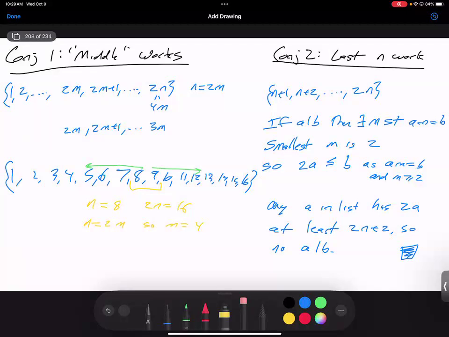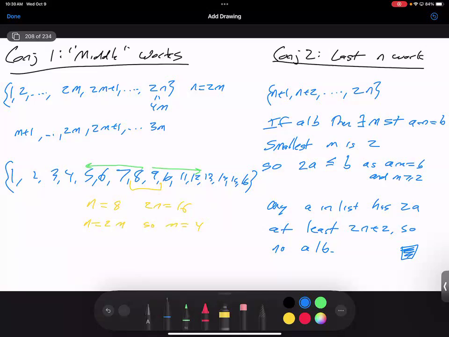I go down to m plus 1, because if you look at this, I go all the way down to 5, and the one before that is just m. So this is what's going on in a special case. I have the numbers from m plus 1 all the way up to 3m.